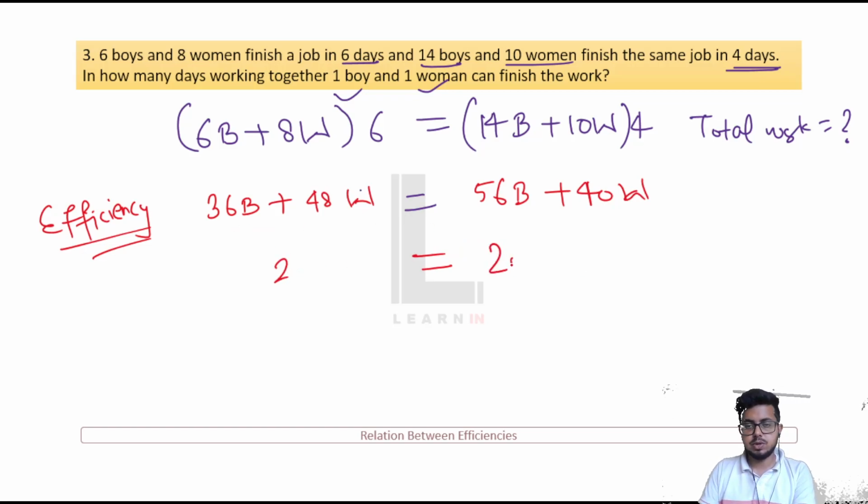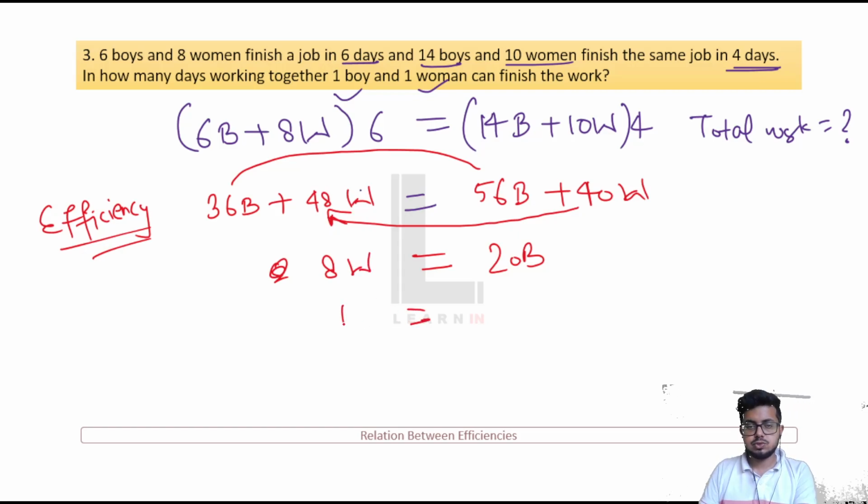I would place 20B here by subtracting this from this, and by subtracting this from this, I would get 8W. So the efficiency of women to boy is 20:8, that is 5:2.